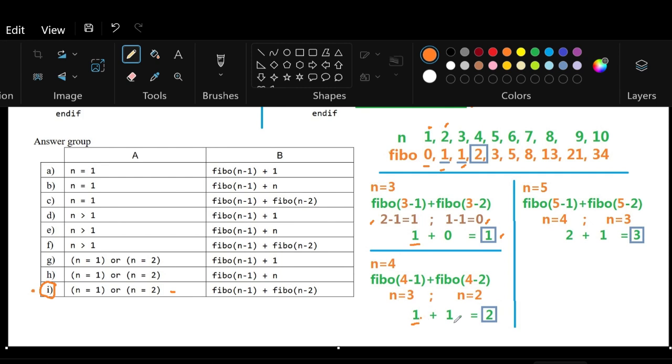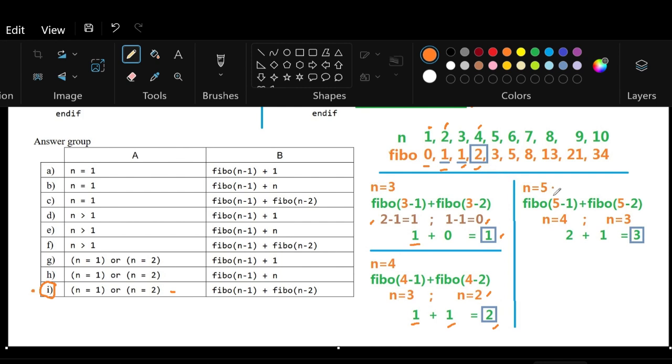And then if it's 2, we know that the sequence in the Fibonacci would give us as output 1. So 1 plus 1 equals 2. And is it correct? If 4 is the n, the Fibonacci should give us 2, and that's correct. Again, Fibonacci is supposed to give us the sum of the two preceding numbers. 1 plus 1 equals 2.